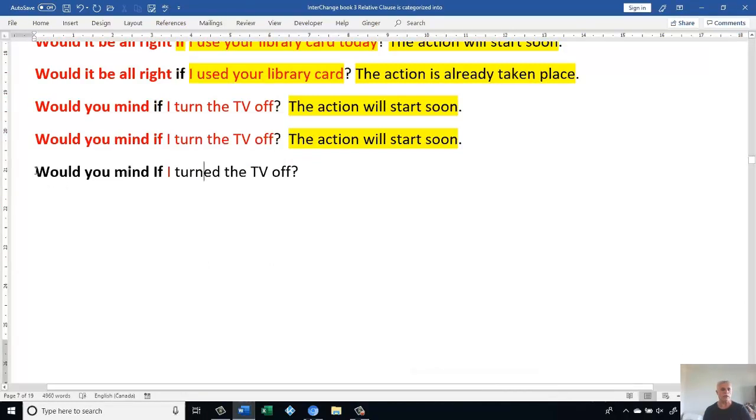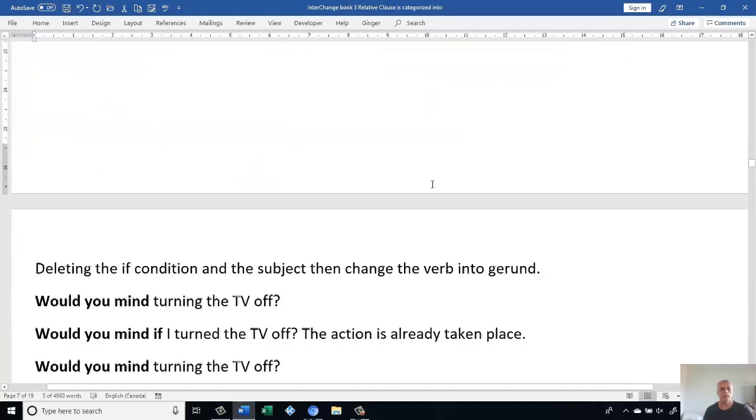Okay, let's go back to the sentences. Would you mind? That's the first part. If, we say the condition and the connecting two clauses, we have here, I turned the TV off. It means the person already has turned the TV off. We say the action has already started.